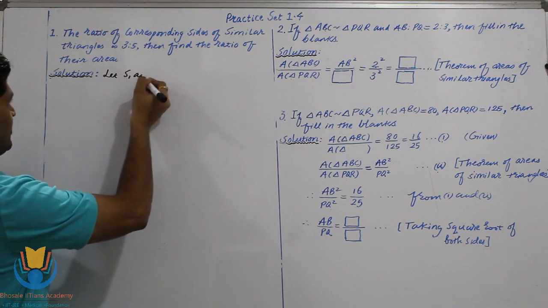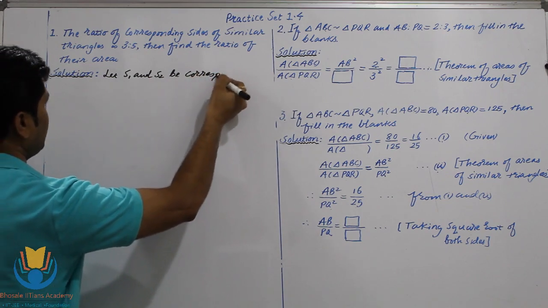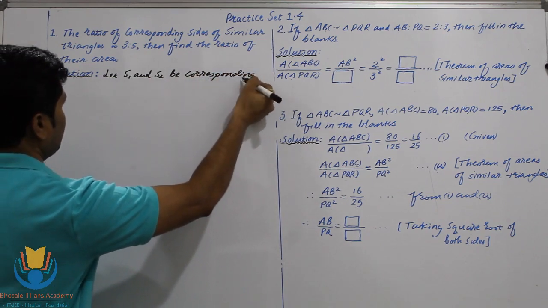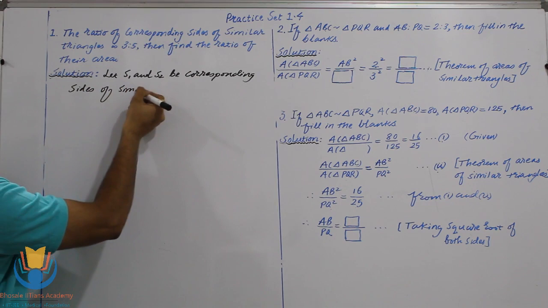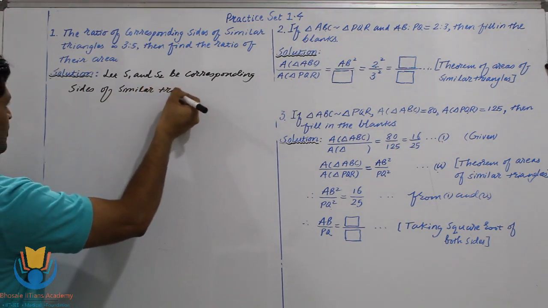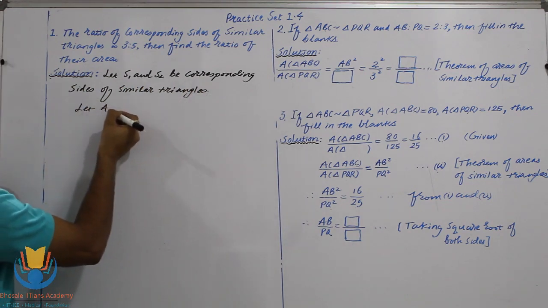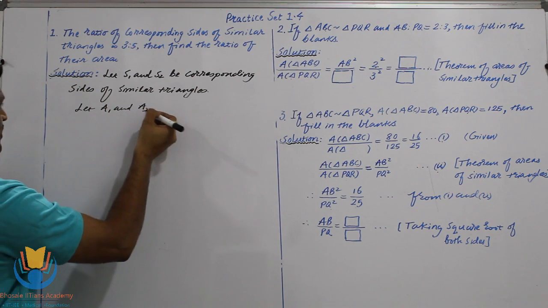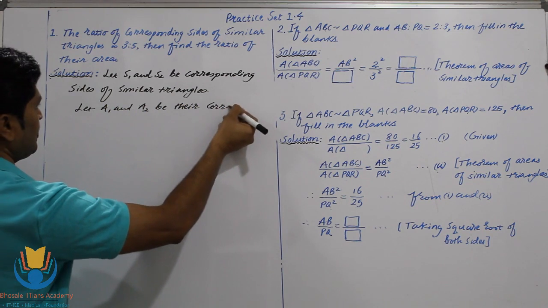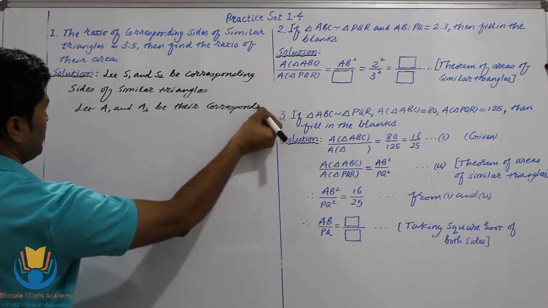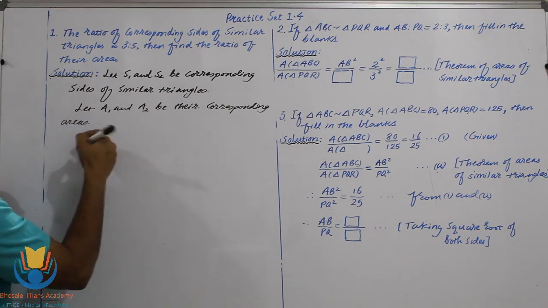Let S1 and S2 be corresponding sides of similar triangles, A1 and A2 be their corresponding areas. So first we will write the given value.